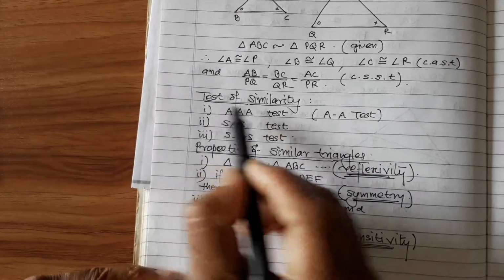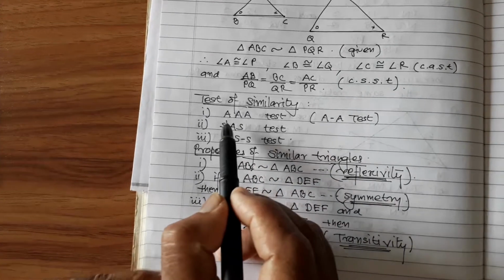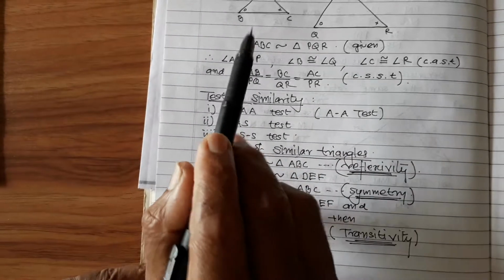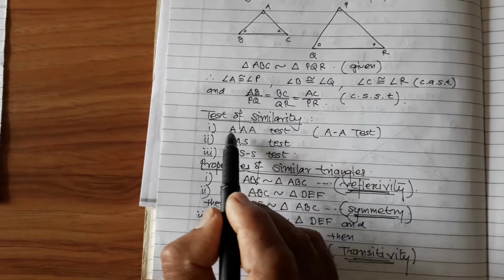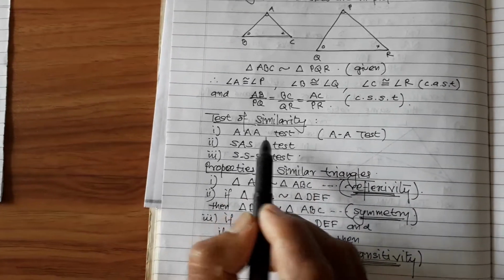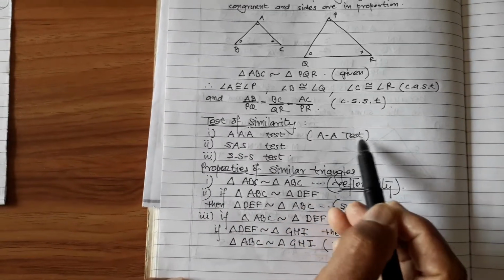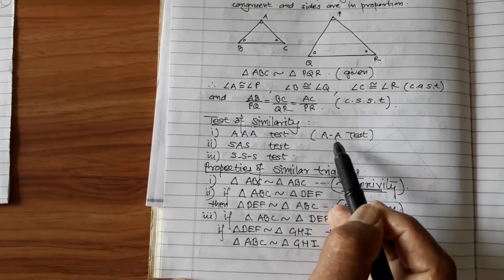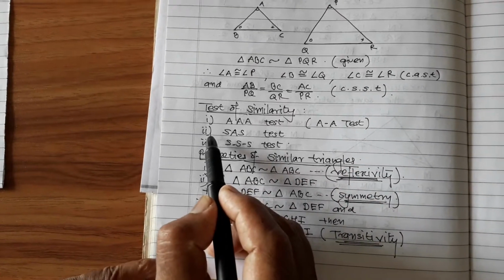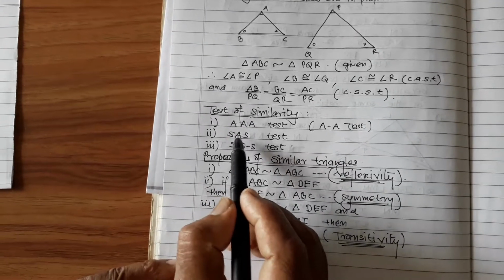Now, tests of similarity. There are three tests. One test is the AAA test, that means all angles. If two triangles are given and all three angles are equal, then these two triangles are similar. This is the first test. Second test, SAS, that means side angle side.